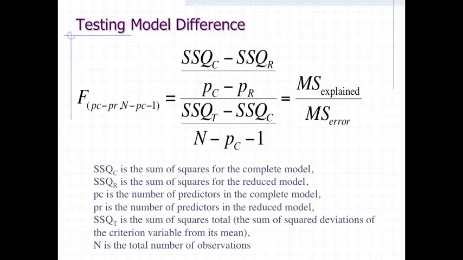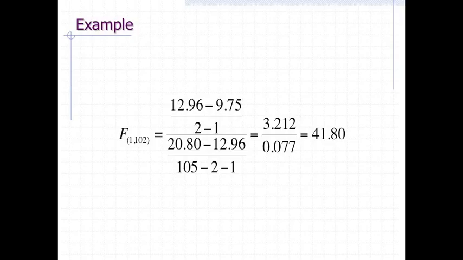variables. The reduced model used to test the variance explained uniquely by a single predictor consists of all the variables except the predictor variable in question. For example, the reduced model for a test of the unique contribution of high school GPA contains only the variable SAT.